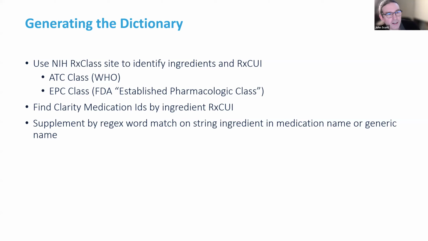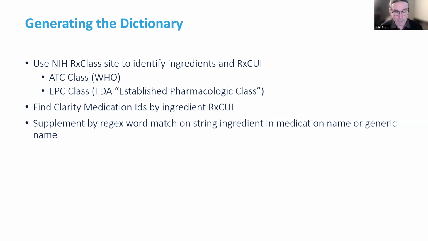We then use those RxCUI codes to map in that RxNorm mapping table that Michael presented to find all the medications in the Clarity database, the FDB database, that match those RxCUIs, so we can identify here is a set of specific medications that will roll up to, for example, calcium channel blockers.